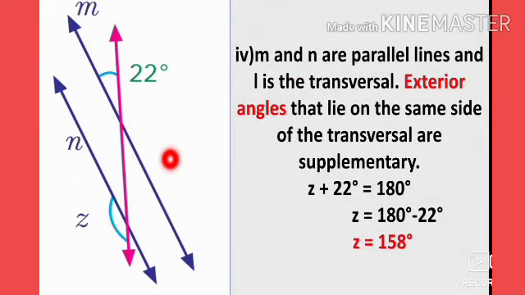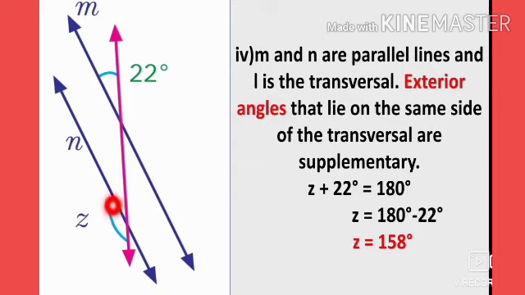Here in this figure, again M and N are two parallel lines and L is a transversal, and here Z and 22 degrees. What about these two angles? Yes, these two angles lie in the exterior region, outside the parallel lines. So these two angles are called exterior angles, and also they lie on the same side of the transversal, on the left hand side.